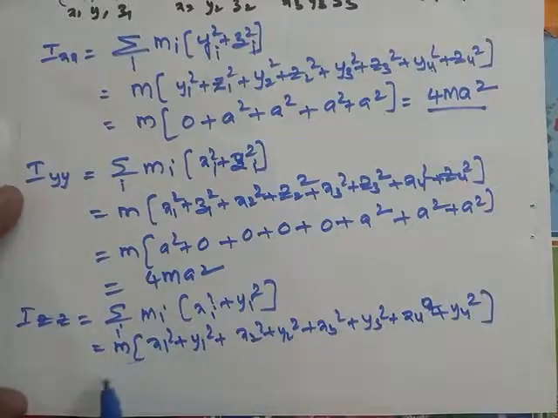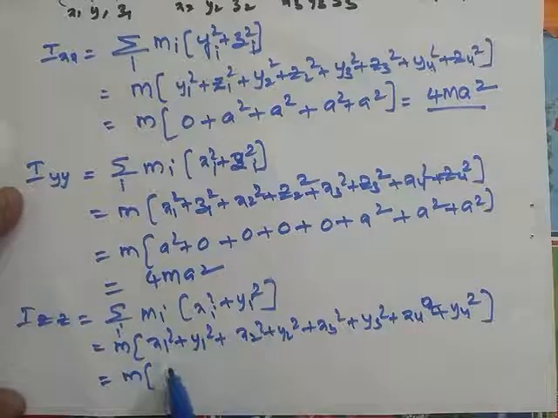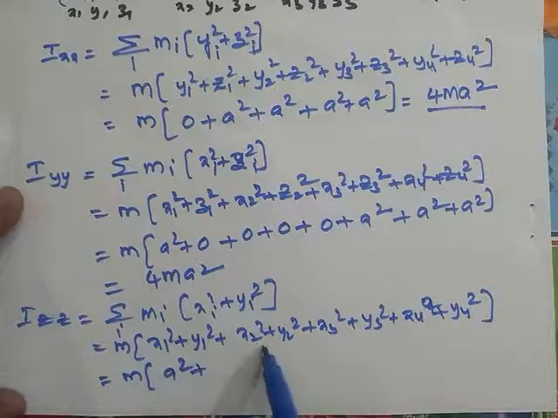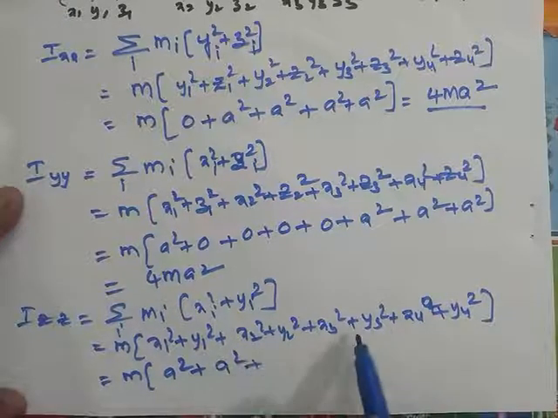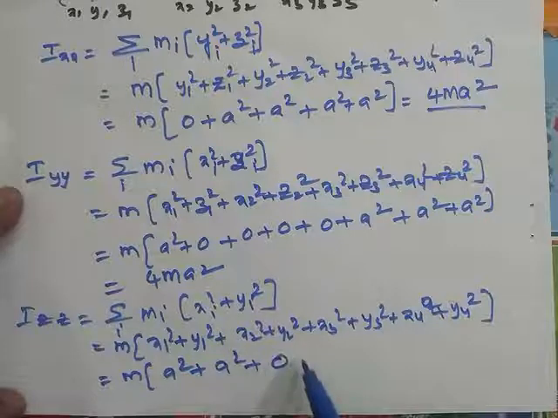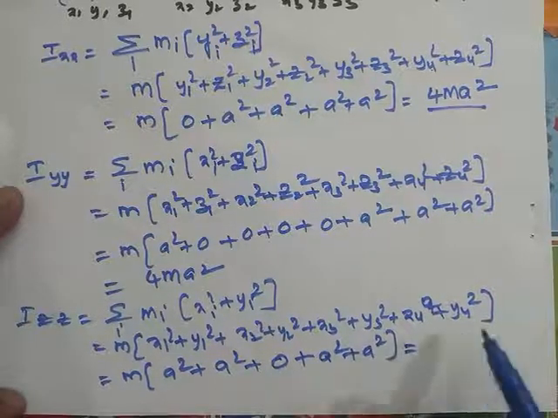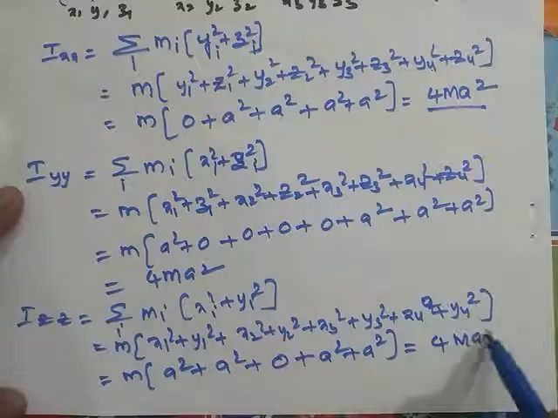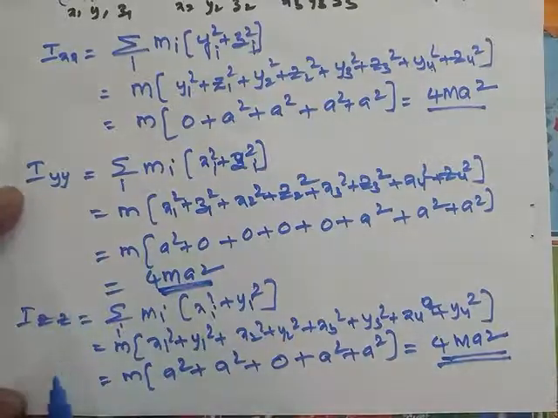Substituting all the values, x1 square plus y1 square gives a square, x2 square plus y2 square gives a square, x3 square plus y3 square is 0, and x4 square plus y4 square gives a square plus a square. So finally we get 4m a square. So these are the required values of Ixx, Iyy and Izz.